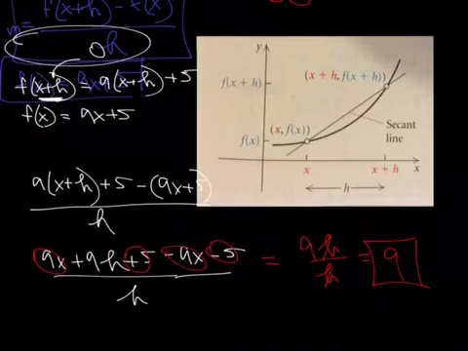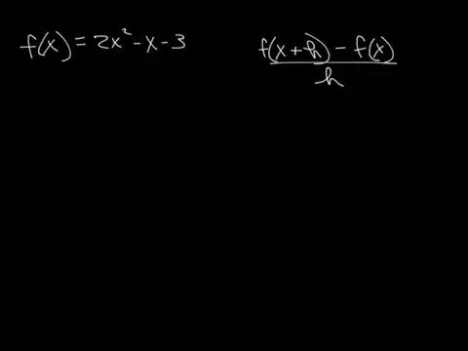So let's go to example 4 and try another one. So here's example number 4. They give you the function, they give you the formula, which we just put on there a little bit ago. Now we're going to look at each one of these.